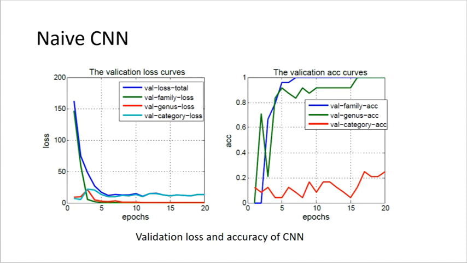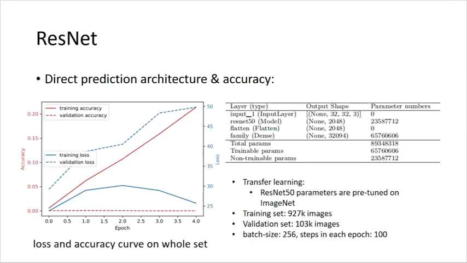We still get a very high accuracy when predicting family and genus. But when predicting category on the validation set, though the accuracy for the training set is high enough, the accuracy remains quite low, almost only 10% for the validation. It seems an overfitting problem happens.